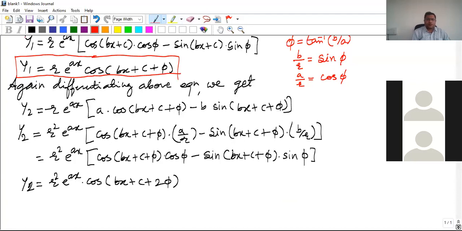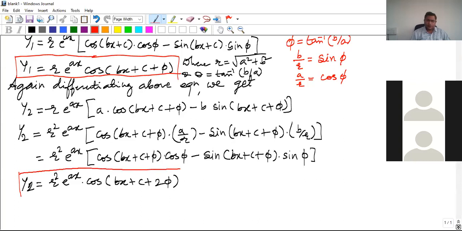Now we can say where r is equal to square root of a square plus b square, and theta is tan inverse of b by a. And we got the second order derivative here. So this is the second order derivative we have.